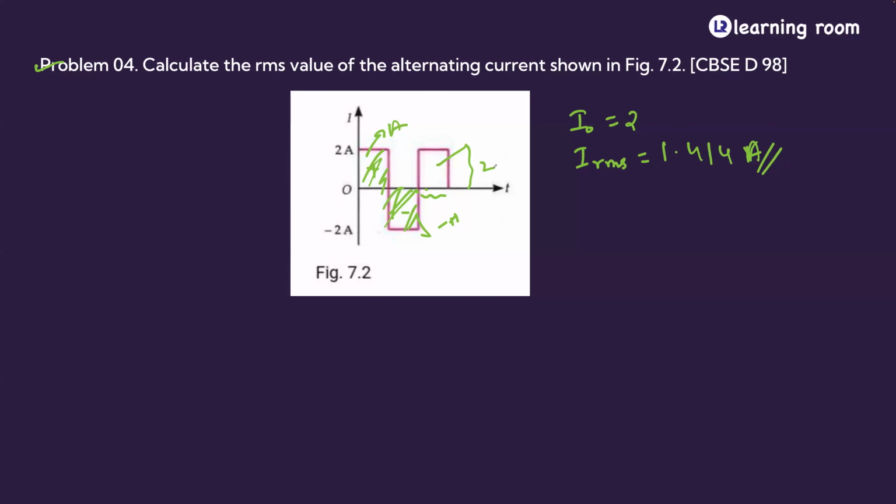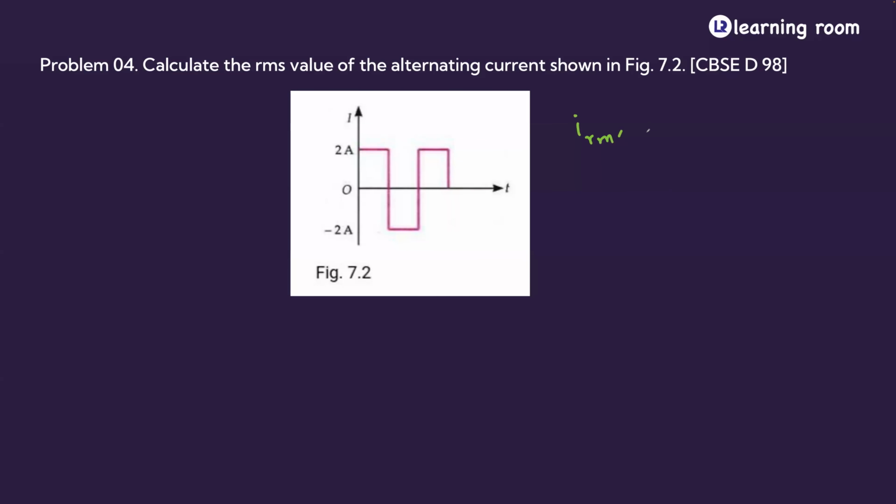Oh, I'm sorry, guys. Sorry, it's my mistake. IRMS is actually not 1.414. IRMS is equal to 0.707 times I naught only for the sine function. This is not a sine function.